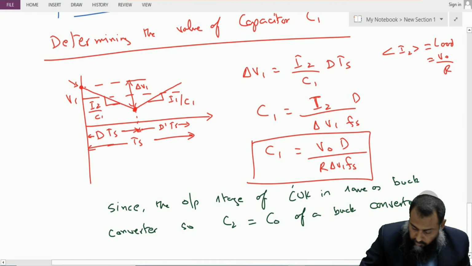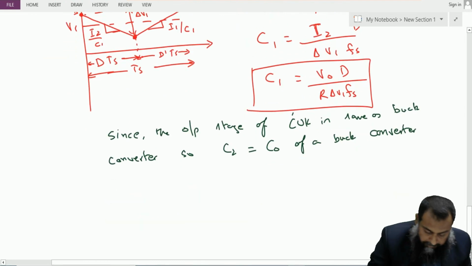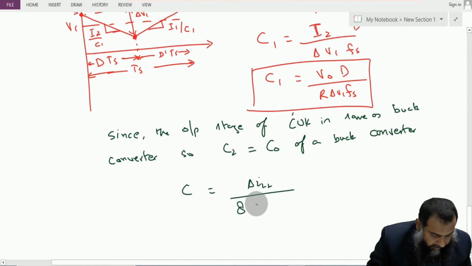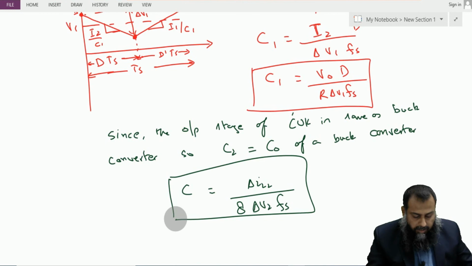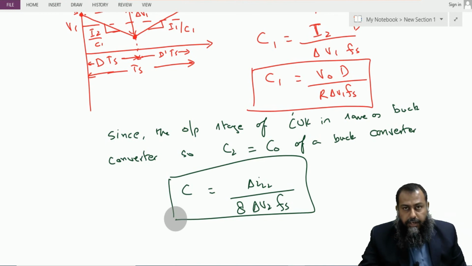So the C2, which is C naught here, is equal to delta IL2 divided by 8 delta V2 into this Fs, which is the switching frequency of this particular converter. Similarly, we can find out the value for the inductance in this particular circuit.